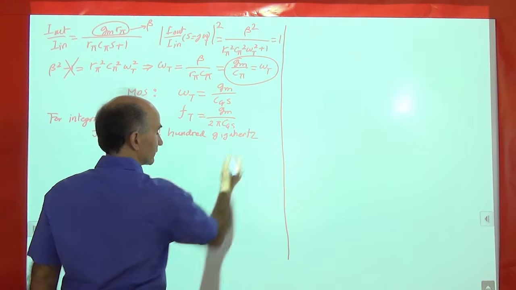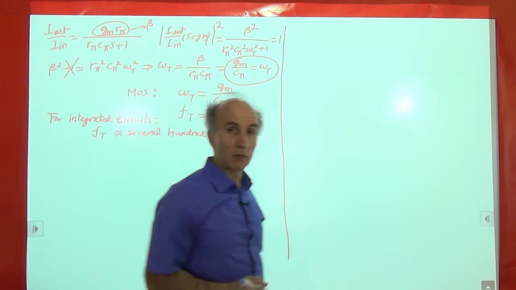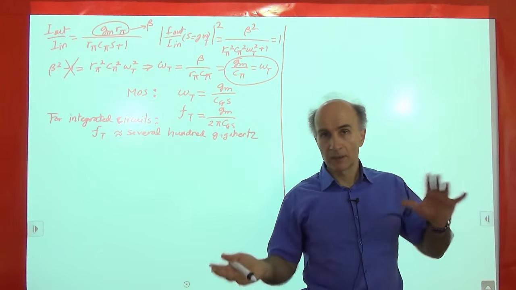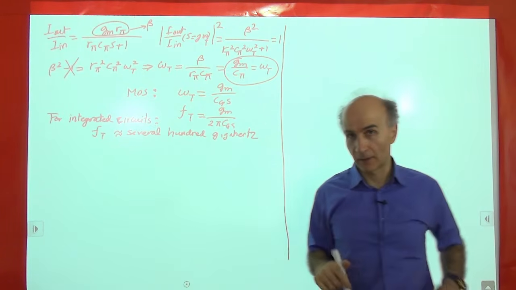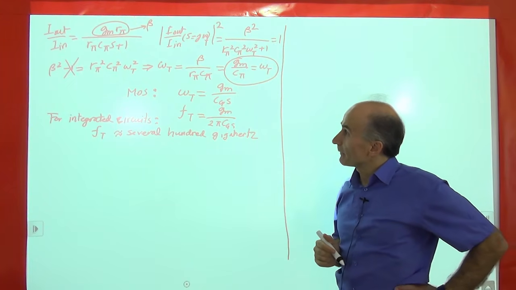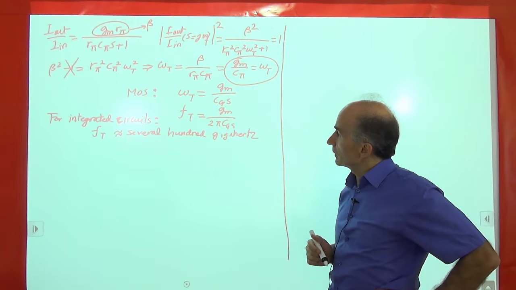Okay? So they're quite high. If you buy a discrete transistor, like a discrete bipolar transistor, it might be 5 gigahertz, 10 gigahertz, something like that. Okay. All right. So that's good.